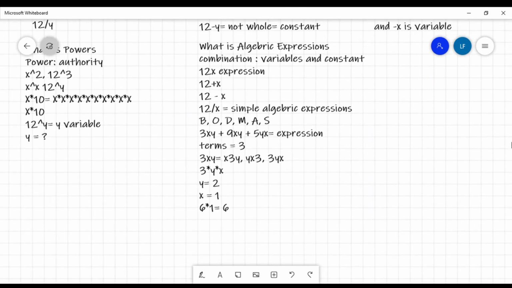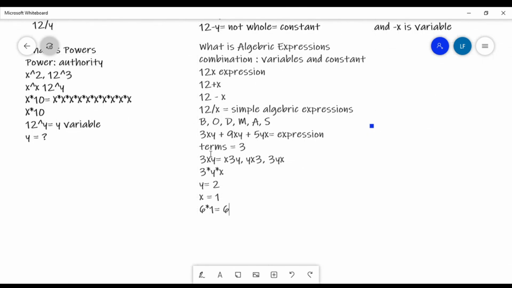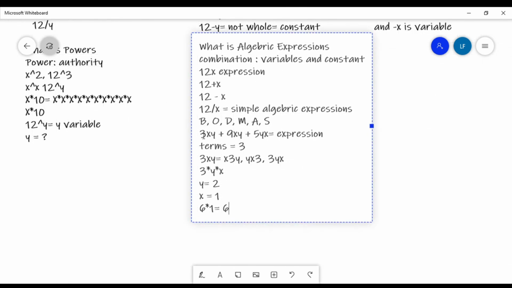If we use it on this term, 3xy, or x3y, yx3, or 3yx, x into 3 where x is 1 and 3 is 3, then 3 into y, and y equals 2, it becomes 6. Still the same.